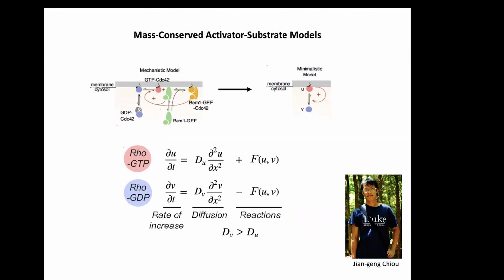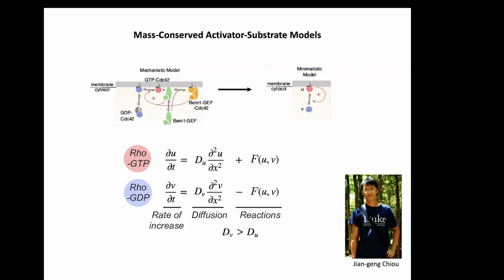The key ingredients are an activator that's got positive feedback to make more activator, and a substrate that can diffuse much faster than the activator because it's in the cytoplasm. So you can think of this as the Rho GDP or the CDC42 GDP form and GTP form. It's not really that, because each of these species has to account for behaviors of multiple proteins. But it gives you a much simpler model.